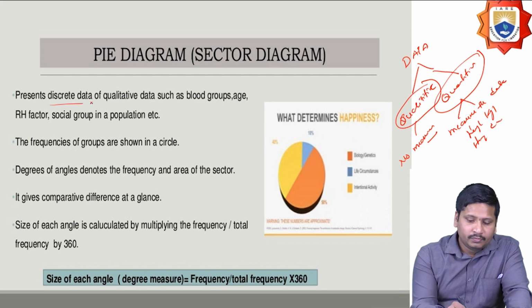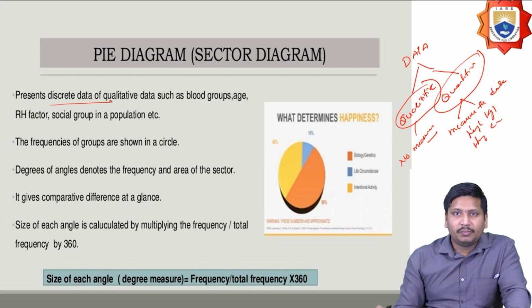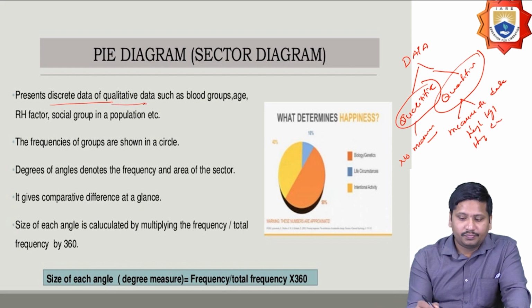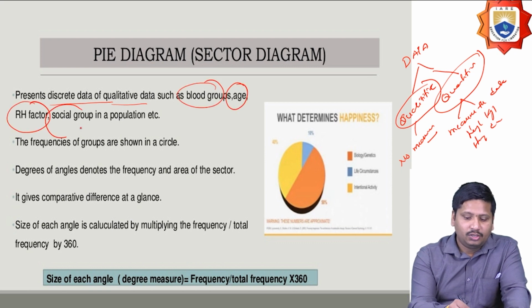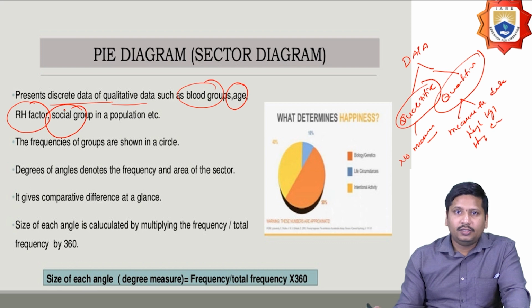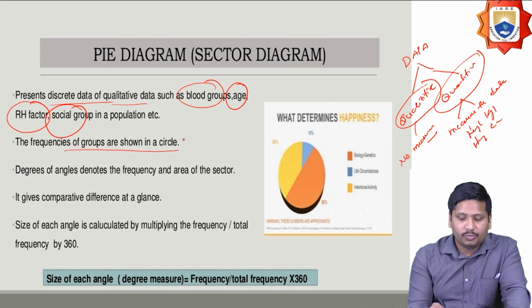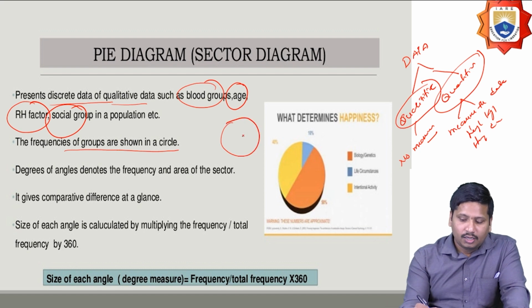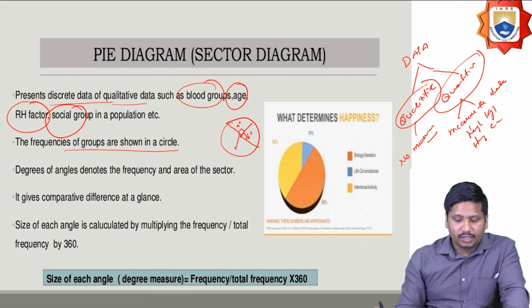So this pie diagram is able to represent the discrete data of qualitative data such as blood groups, age, RH factor, social group. The frequencies of these groups are shown in the form of a circle. By making use of a protractor, we have to calculate the angles of the area of the sector.